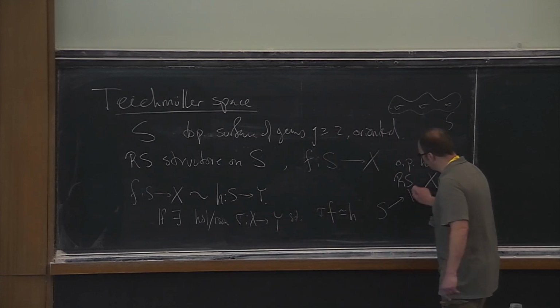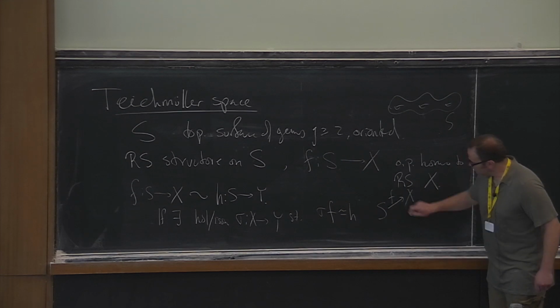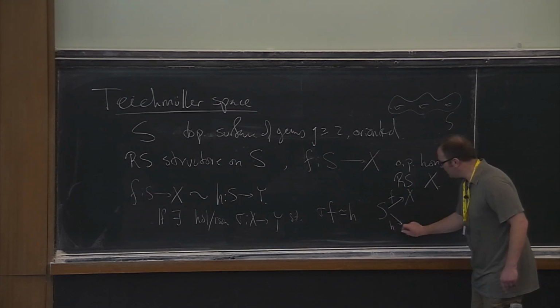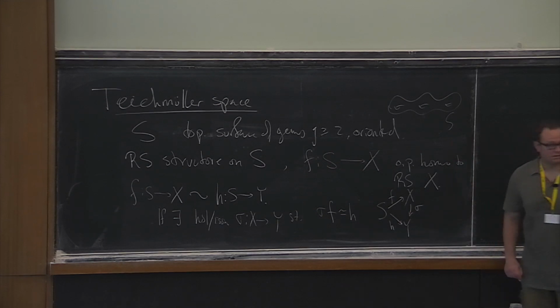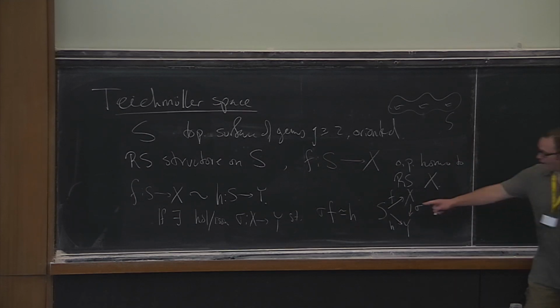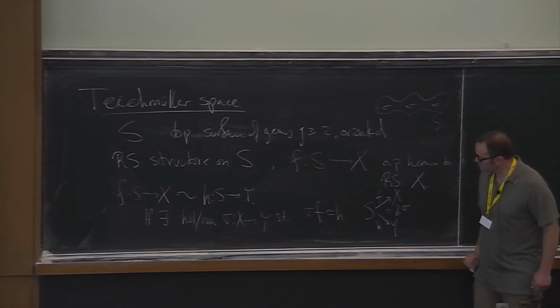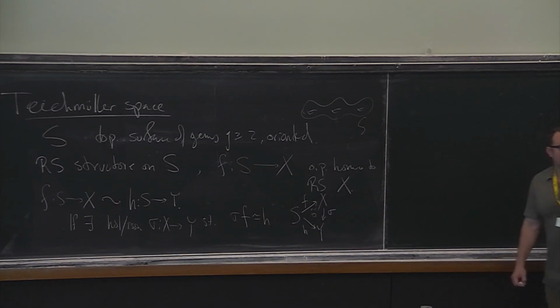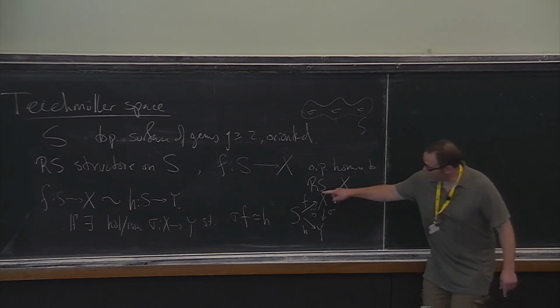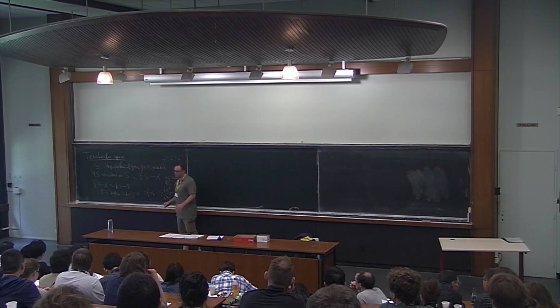Let me draw it in a diagram. I've got the map from S to X, and the map from S to Y, and a map here. I don't require that this diagram commute. Instead, I require it commutes up to homotopy. Meaning if I go f and then sigma, that's the same as h up to homotopy.